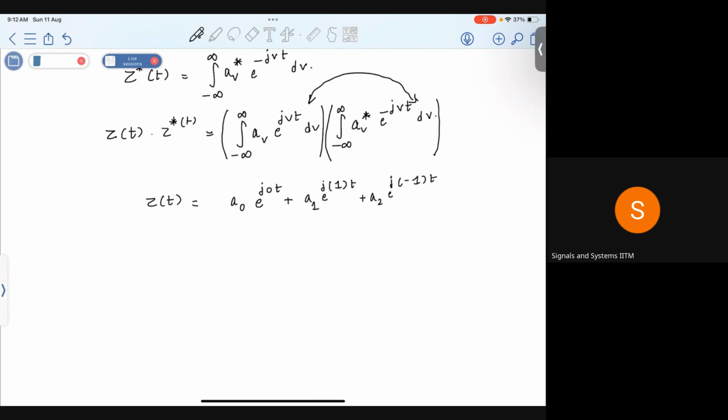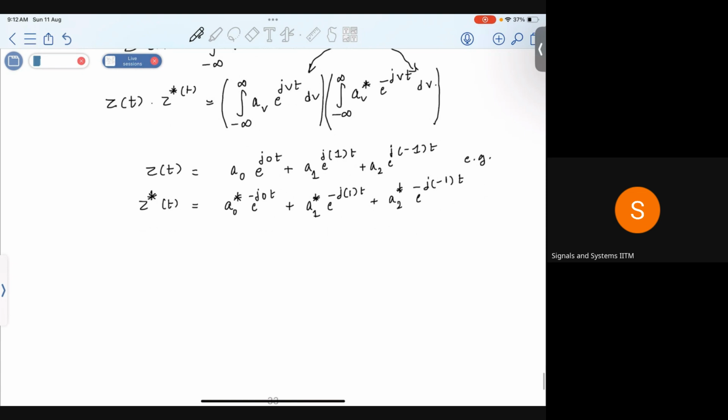Let me call this an example, okay? Now, what is z star of t? Z star of t is a0 star e^(j0t) plus a1 star e^(-j1t) plus a2 star e^(j1t).